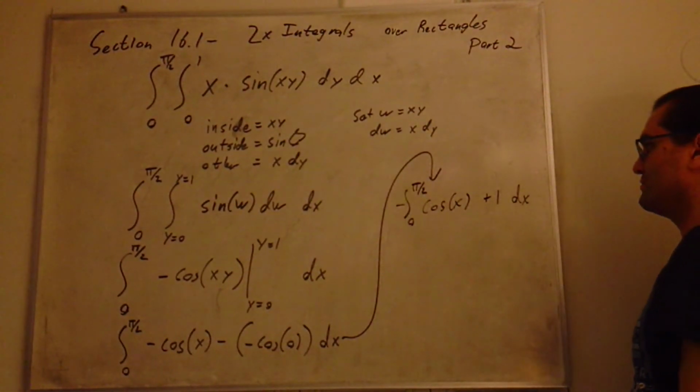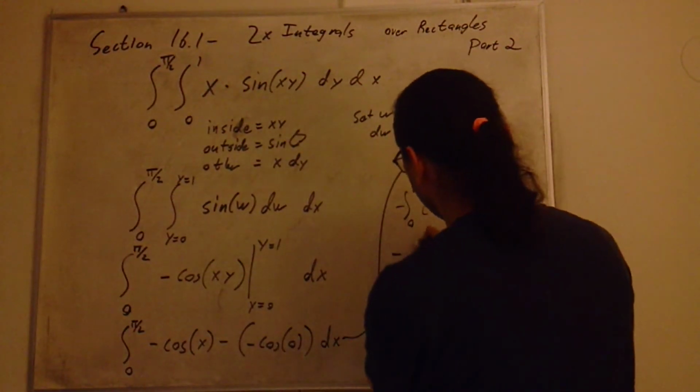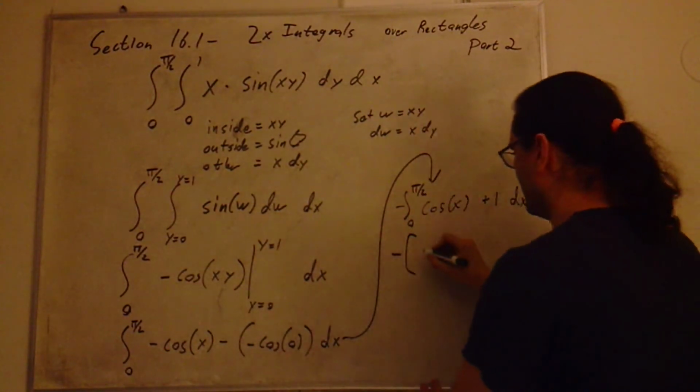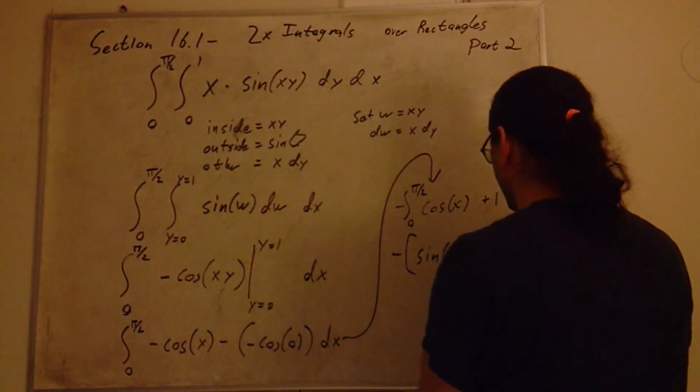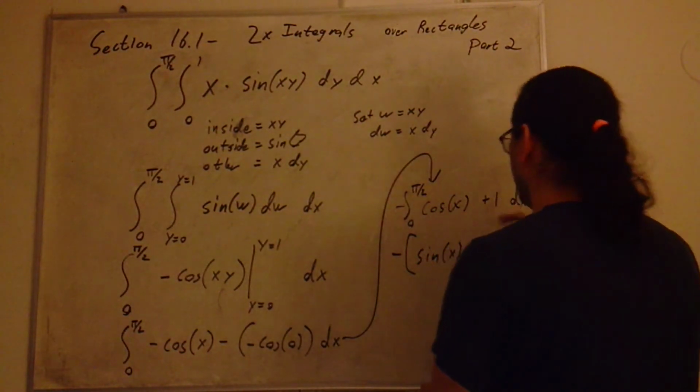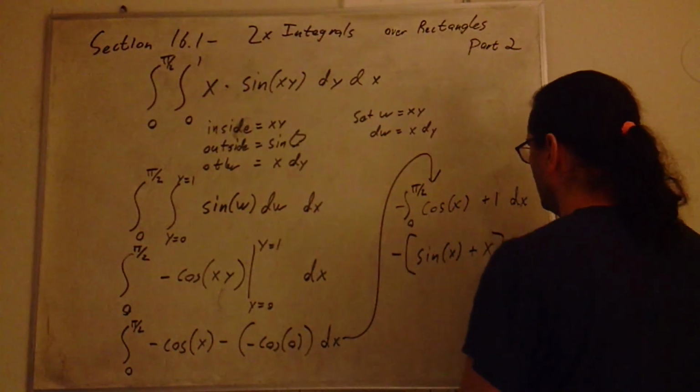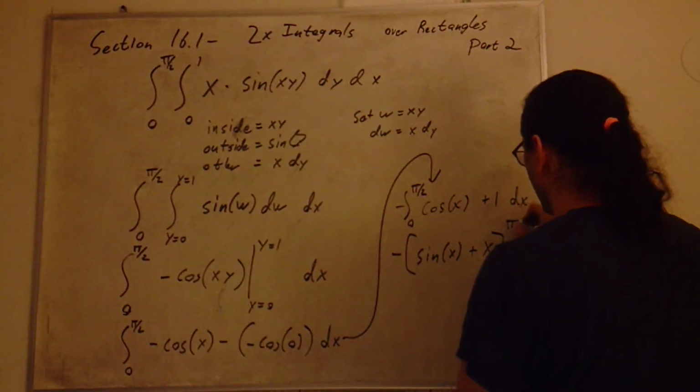Now I can integrate this with respect to x. That's fairly straightforward, I think. Integral of cosine is sine of x. Sorry, integral of 1 is x. Evaluated at 0 and pi over 2.